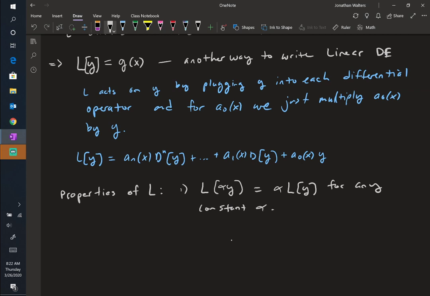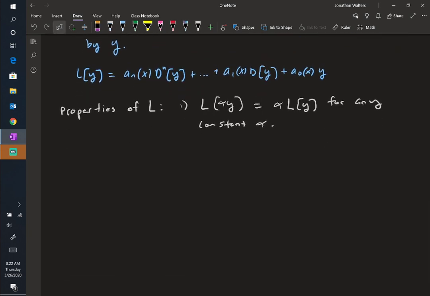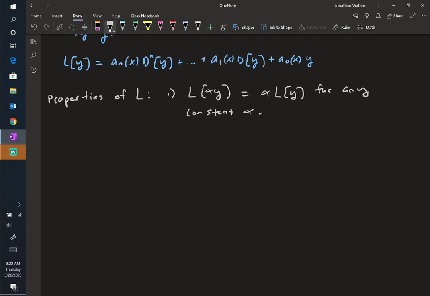So you can pull constants out of the differential operator, and we know that's true from calculus 1. The derivative of a constant times a function is just the constant times the derivative of the function. The second property is that L of y1 plus y2, so say you have two functions, is equal to L of y1 plus L of y2.